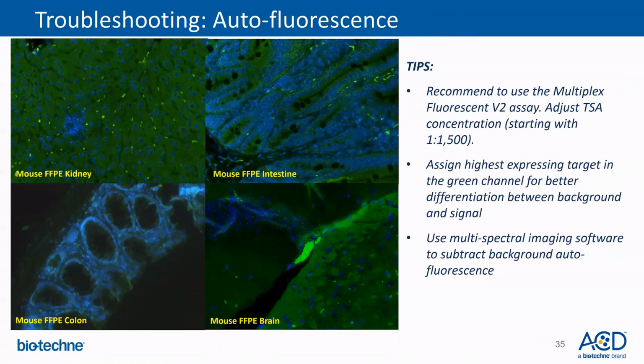The tips for this would be: use the V2 assay. Adjust the TSA concentration starting with 1:1500. Please assign the highest expressing target in the green channel for a better signal to noise ratio, and use multispectral imaging software to subtract background autofluorescence.